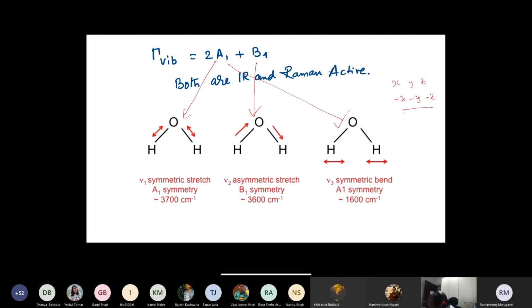So minus 3 will be the contribution per unmoved atom. So 3 for E, minus 1 for Cn, plus 1 for sigma, minus 3 for i. I think you should remember this will be the contribution to the Cartesian coordinates per unmoved atom when you operate upon these symmetry operations.